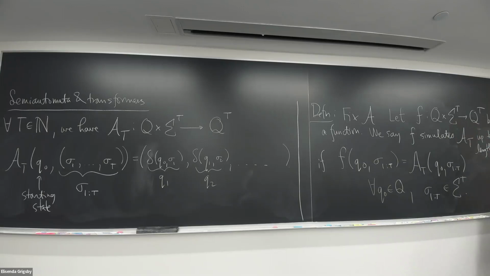That's a much less robust construction than being able to do it for all of the states at once. So that's why I want to write down this more strict definition.